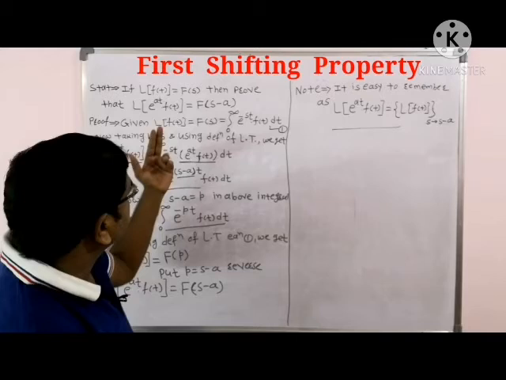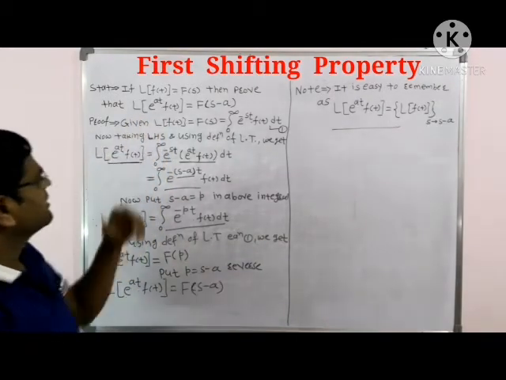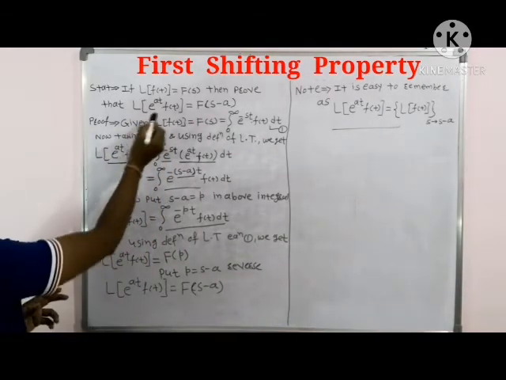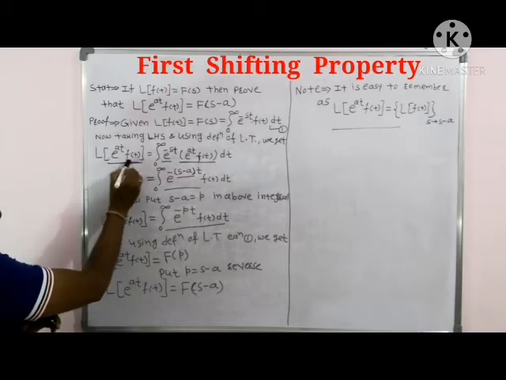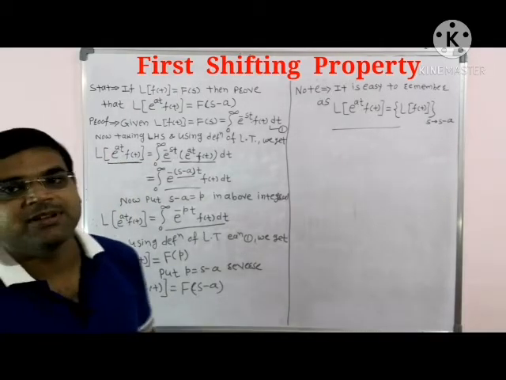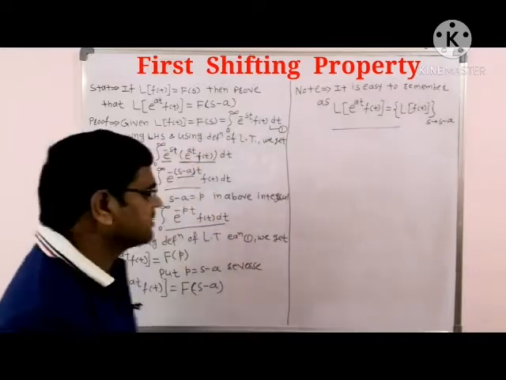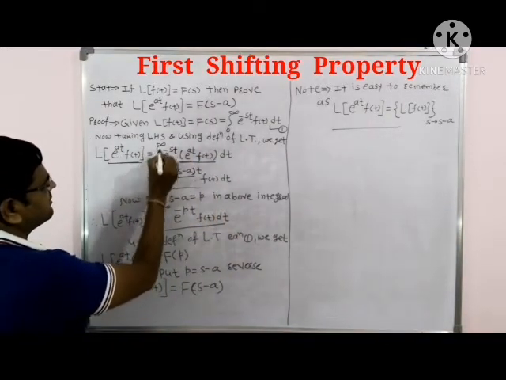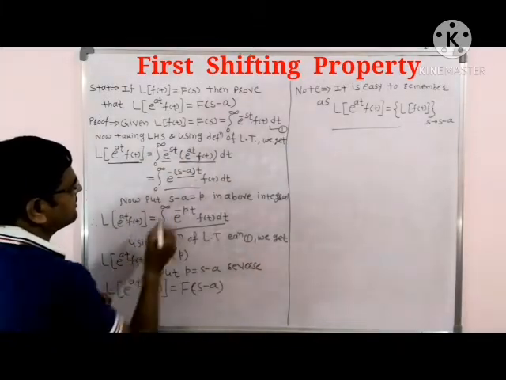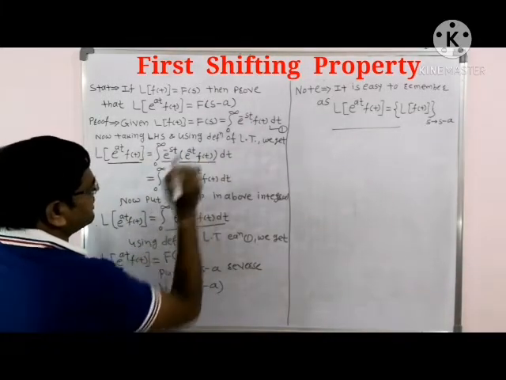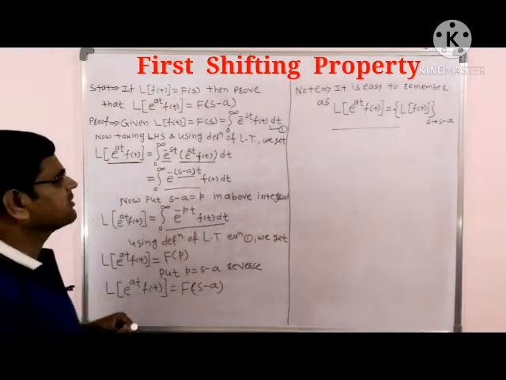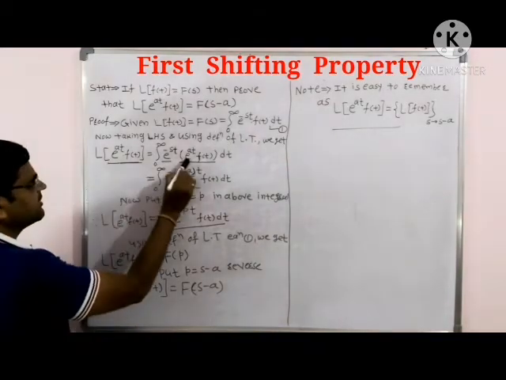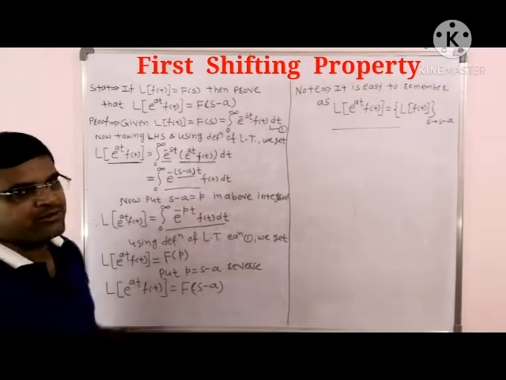Now to prove this theorem, let us take the LHS, the Laplace transform of e^(at) f(t). Using the definition of the Laplace transformation, this can be written as the integral from 0 to infinity of e^(−st) e^(at) f(t) dt.